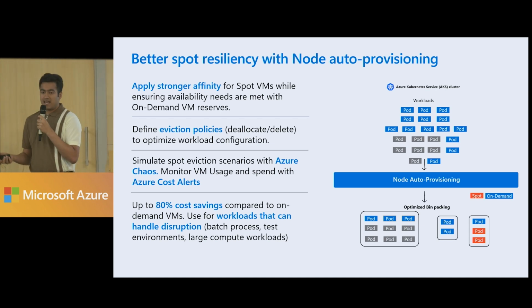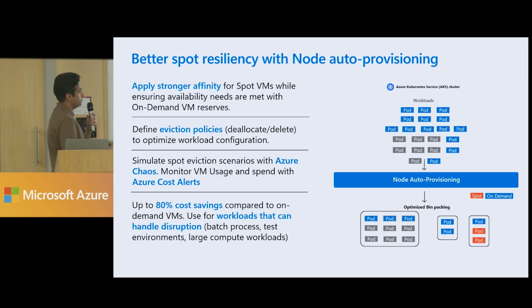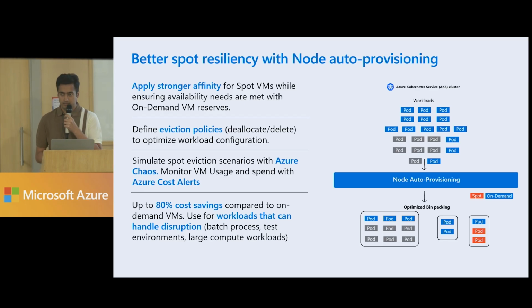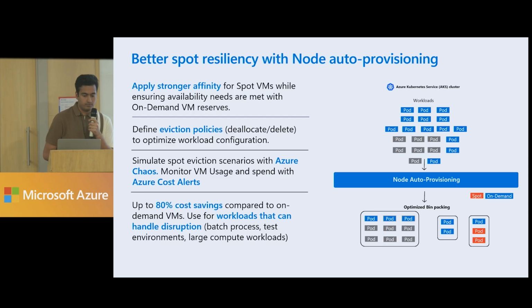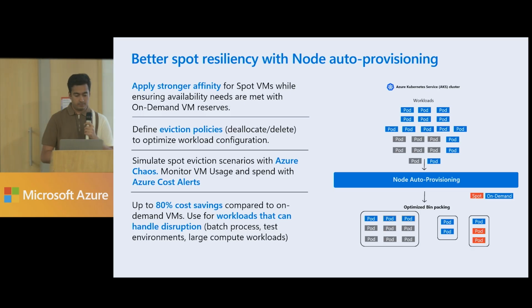So if you use NAP and virtual machine node pools, you can set a higher weightage for the Spot VMs while still having on-demand VMs available as backups. In this way, you can reduce costs, but still, if you have the right eviction policies in place, be able to deploy your applications to Spot nodes. Of course, given that Spot is not guaranteed compute, we do not recommend using this in your production environments.